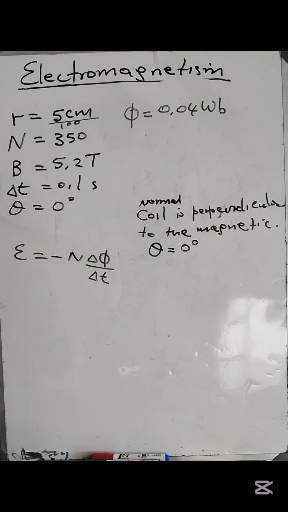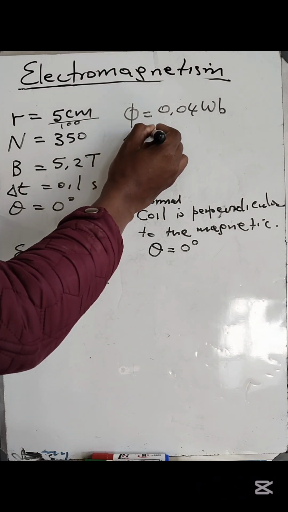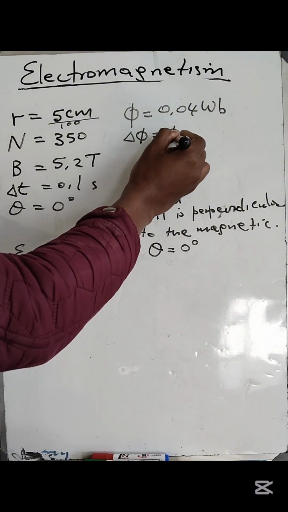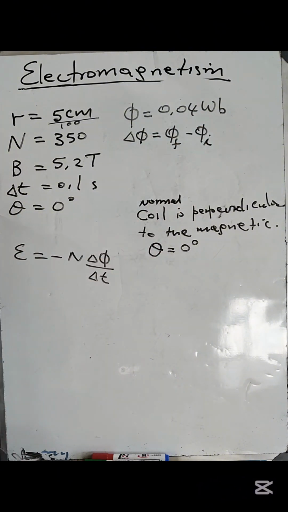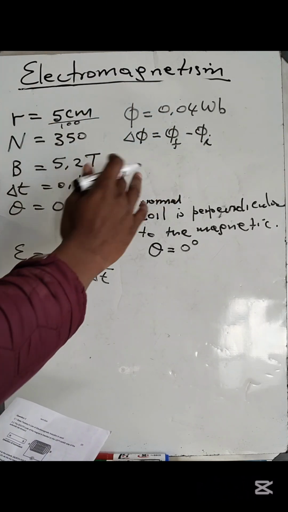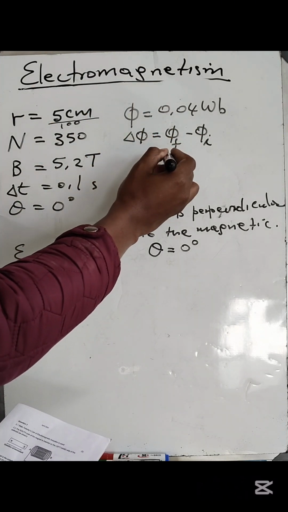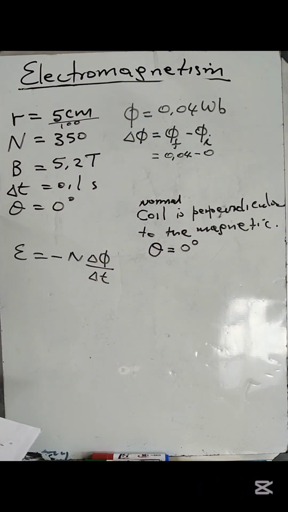It is removed from that magnetic field, which means the change in magnetic flux will be flux final minus flux initial. So this flux is out, which means that is the final. So we have 0,04 minus 0. Then we can substitute.